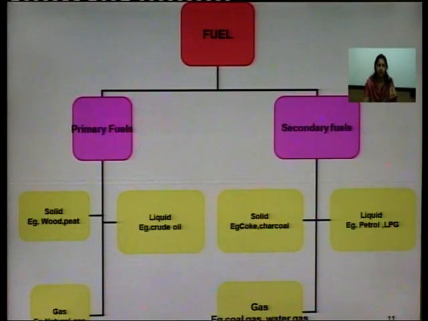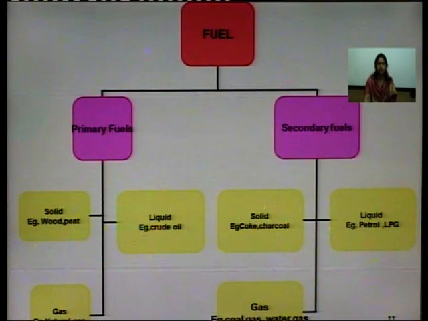I have shown the classification of fuel with the help of these flow charts. On the basis of occurrence, the fuels are of two types. As you can see in this flow chart, one is primary fuel, second one is secondary fuel.